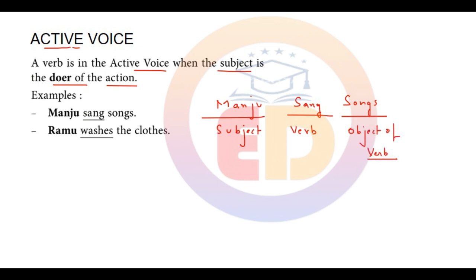Now when we break the sentence down into subject, verb and object, we can see that Manju, who is the subject in the sentence, is actually performing the action of singing the songs. So whenever the subject performs the action, or the subject is active, it is called active voice.